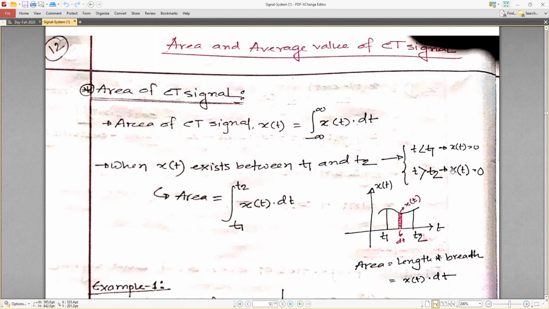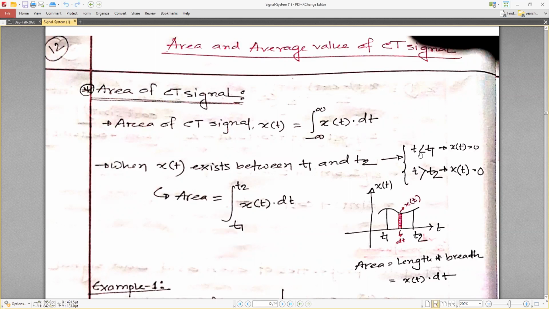Two conditions are there: x(t) would be 0 if t is less than T1 and if t is greater than T2.